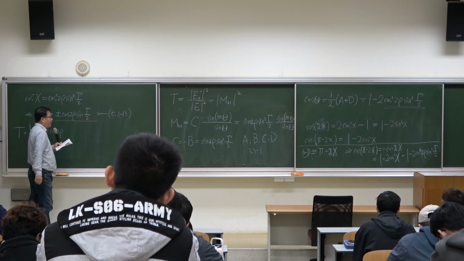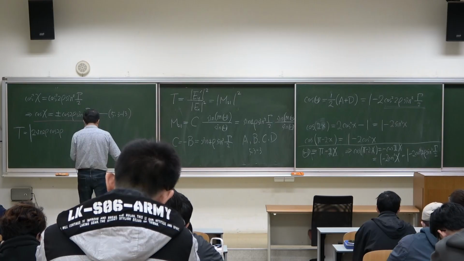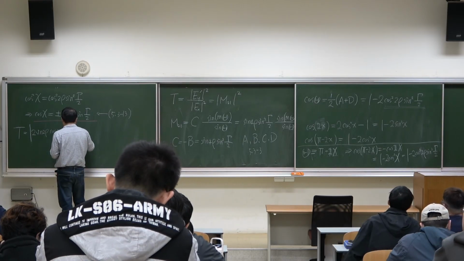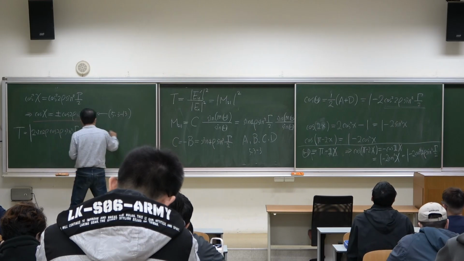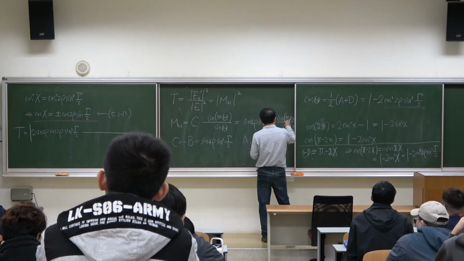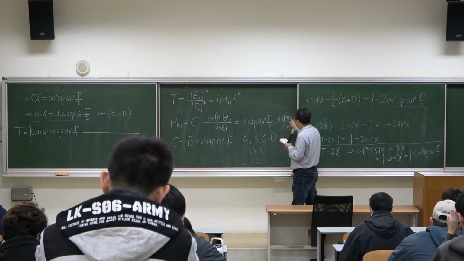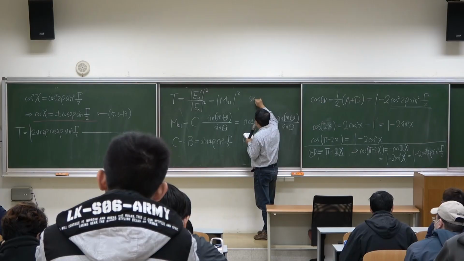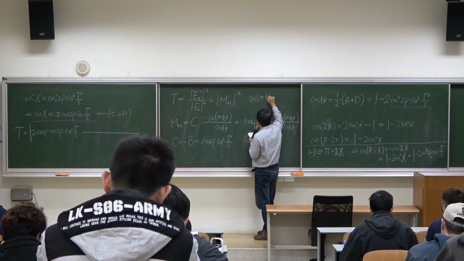This is sine 4 rho. Okay? And times sine square half gamma. And how about sine m theta?